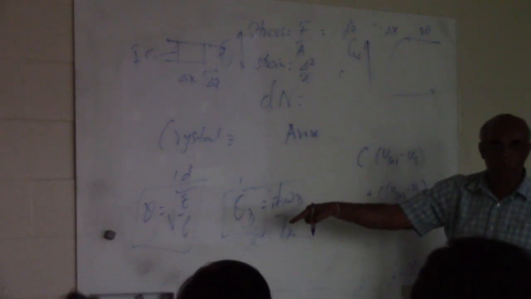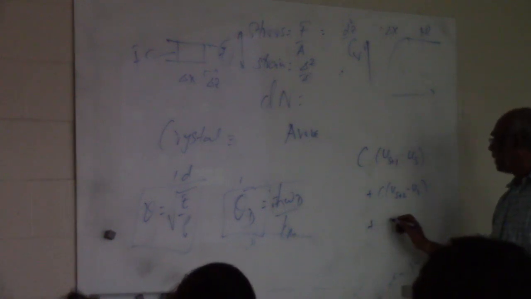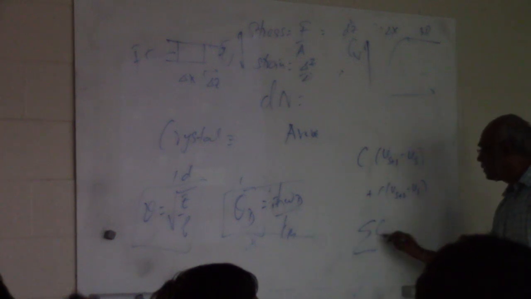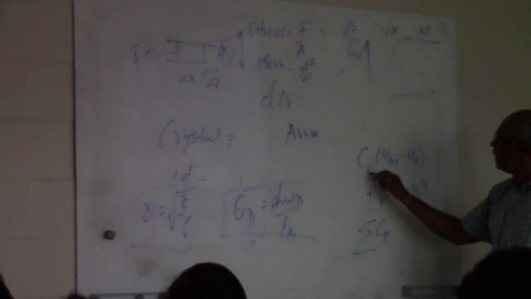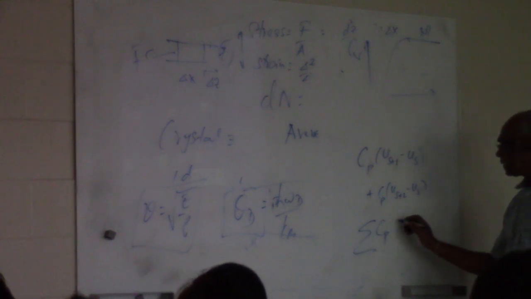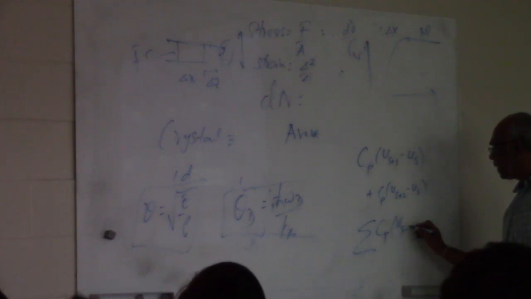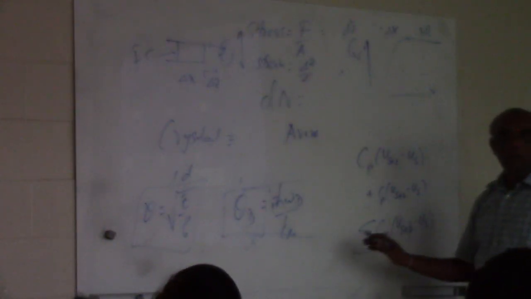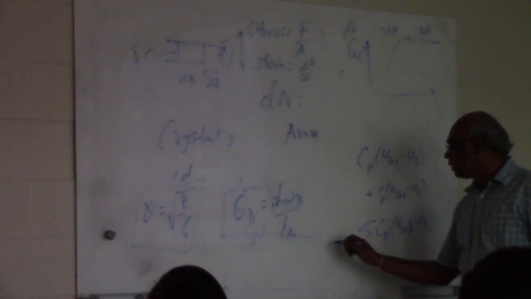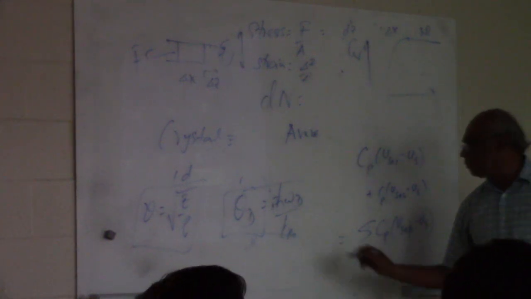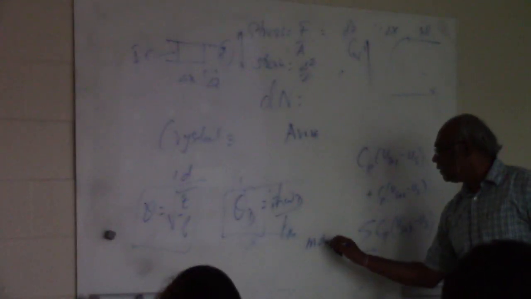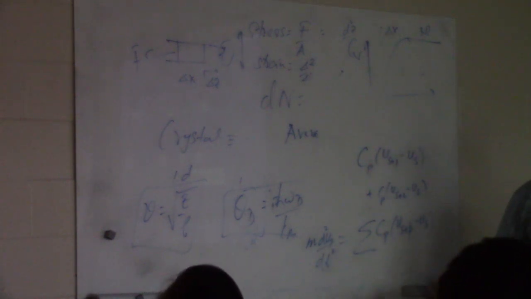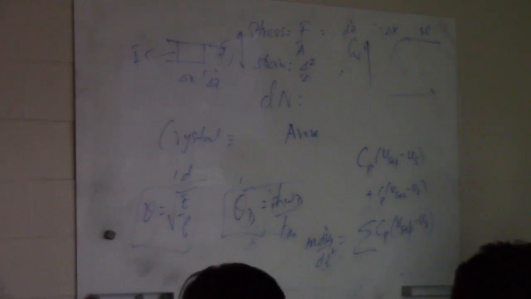P can be negative also, right? So I can write the total as the sum over p of C_p times (u_{s+p} minus u_s). I assume they all have the same C eventually. That is my total force, and it should be equal to the mass of that S atom, m d squared u_s over dt squared. That's Newton's second law.